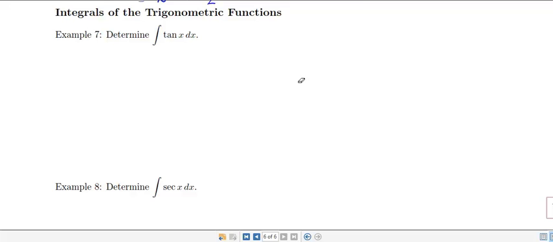Next, we're going to study more integrals of the trigonometric functions. So first, let's take a look at how to derive the antiderivative of tangent of x. We rewrite tangent of x as sine of x over cosine of x.